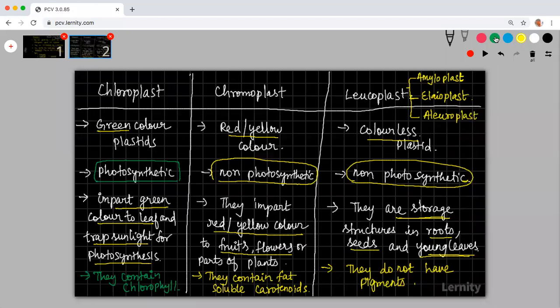This amyloplast will store starch. This elioplast will store fats. And this aleuroplast will store proteins.